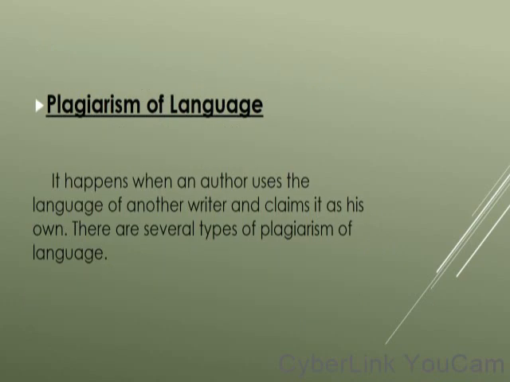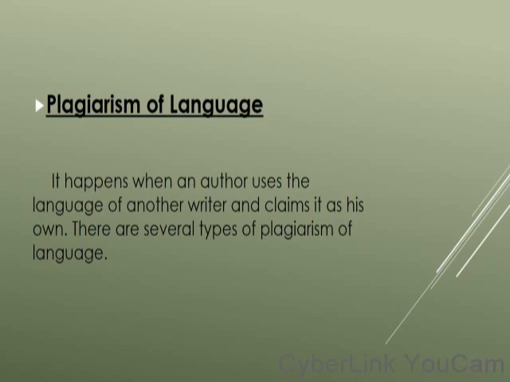How about plagiarism of language? What is this? Plagiarism of language happens when an author uses the language of another writer and claims it as his own. There are several types of plagiarism of language.